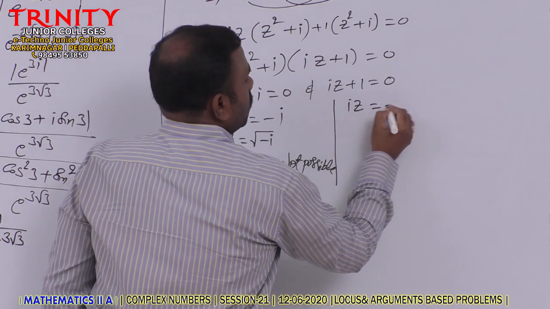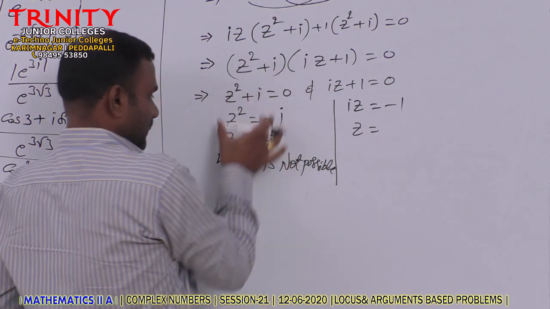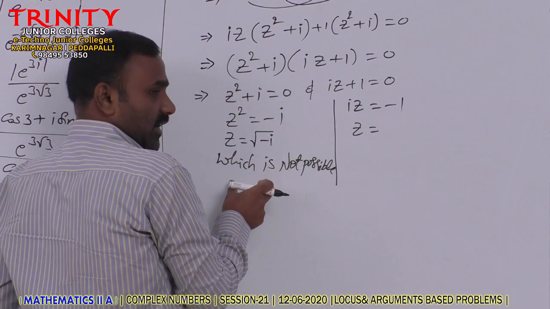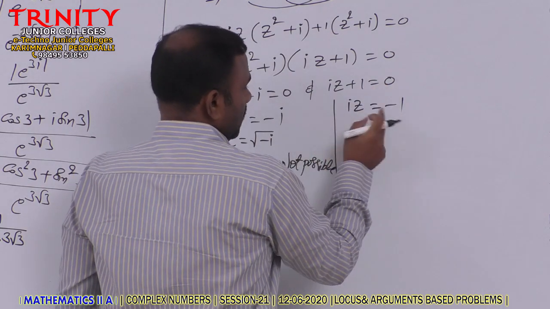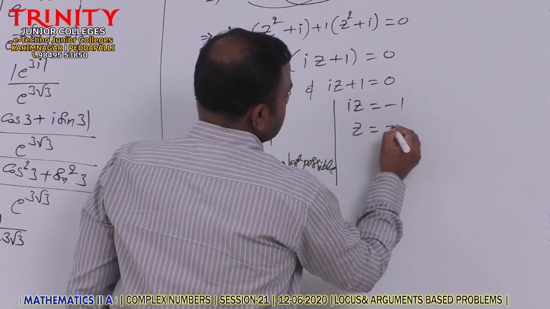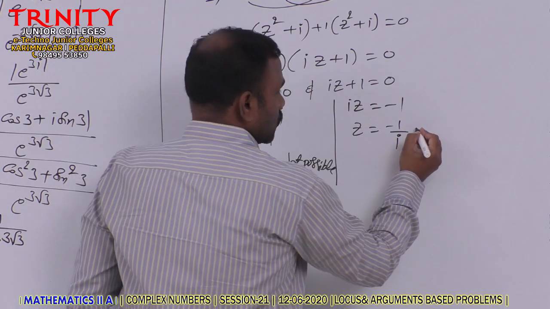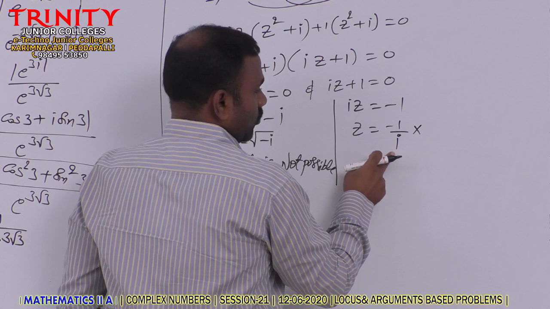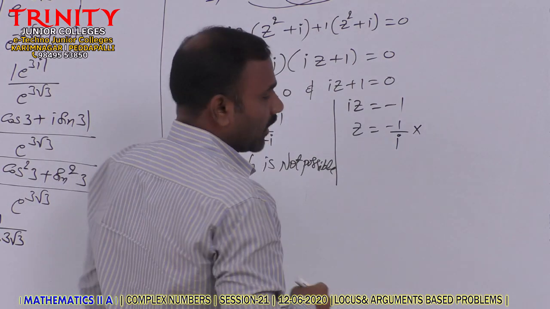Next, iz is equal to minus 1. From this case now, the first case is failed. In this case, we are not getting any solution. That's why we are going for the second choice. Iz plus 1 equal to 0. Iz is equal to minus 1. Then z is equal to minus 1 by i. I is there in the denominator. Then you should go for the conjugation. We have to remove imaginary from the denominator.